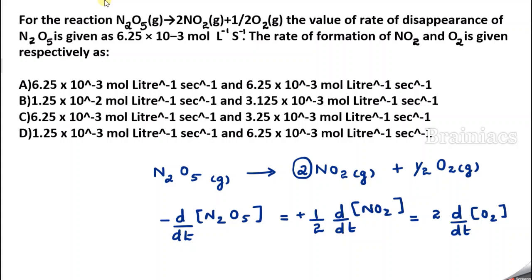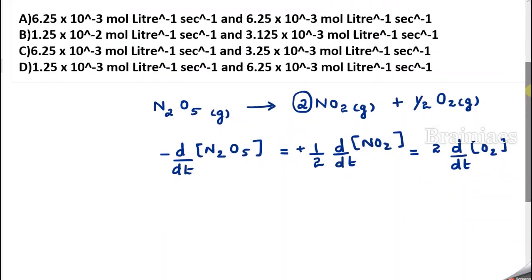Now what is given there? They have given the rate of disappearance of N2O5. So we can substitute that, and from this we will identify the rest of the things. So let me substitute here.